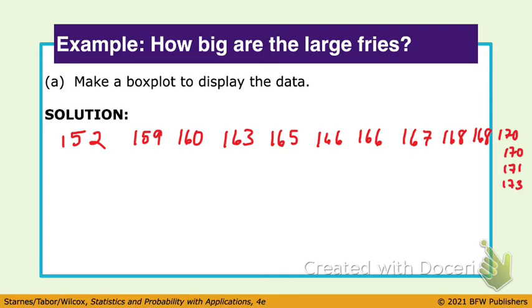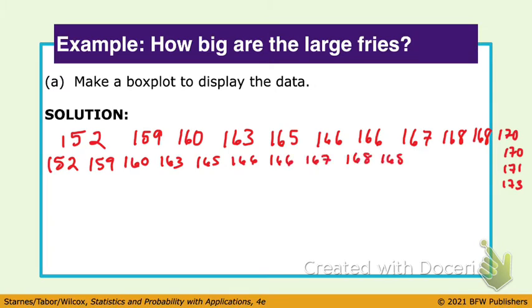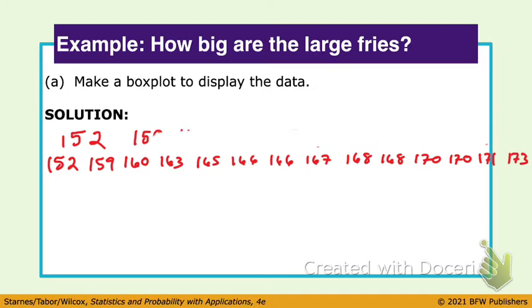All right, let me fix this. 152, 159, 160, 165, 166, 168, 168, 170, 170, 171, and 173. Okay, cool. So we've got our data here in order.